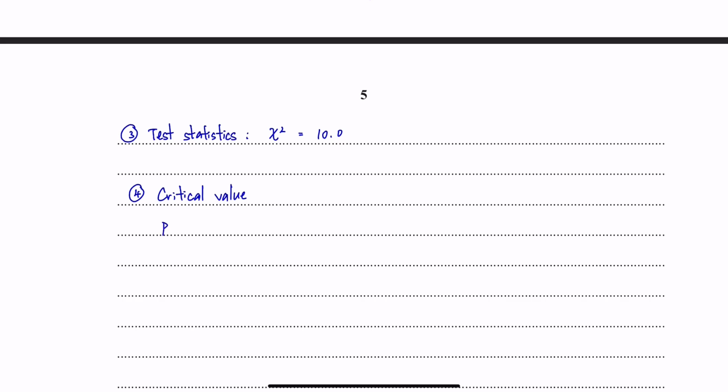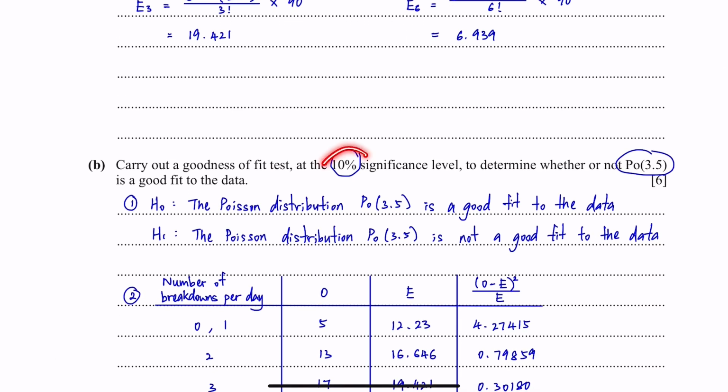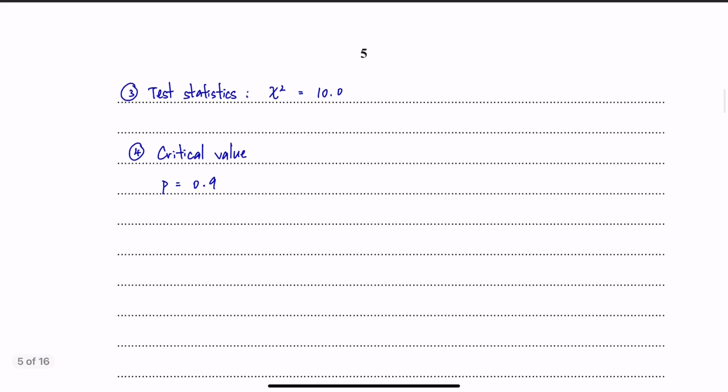So our P would be 0.9 because they want us to test at 10% significance level. So 1 minus 0.1, we get 0.9.